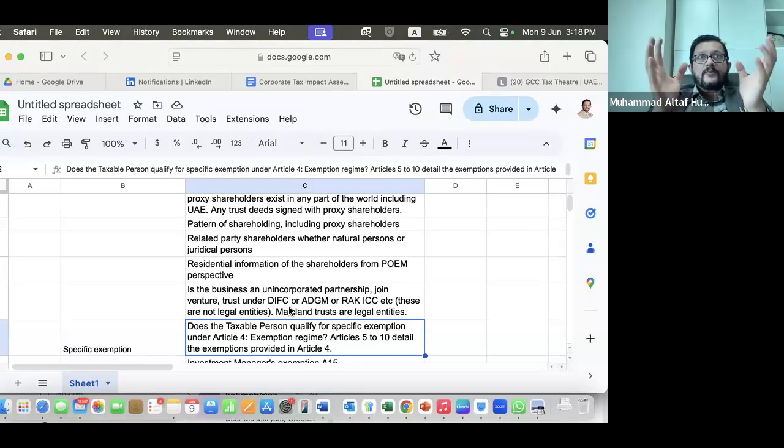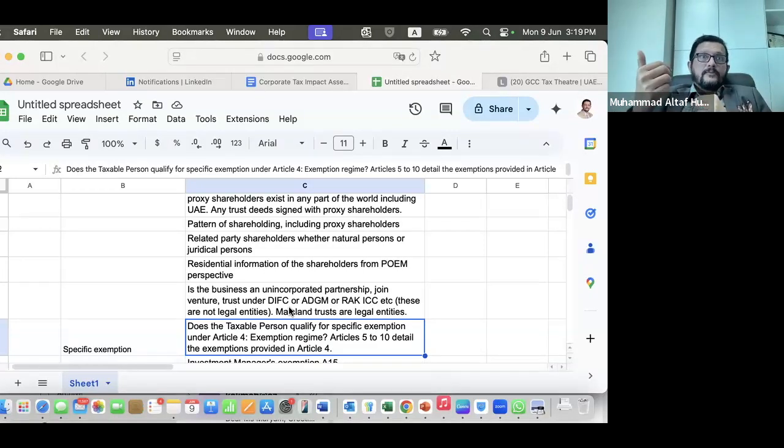The default treatment provided in corporate tax law is unincorporated partnership. This nomenclature, unincorporated partnership, can take many other names. One example is trust. In DIFC, in ADGM, and in similar places wherever a trust structure is provided, it will be taxed in line with the unincorporated partnership.